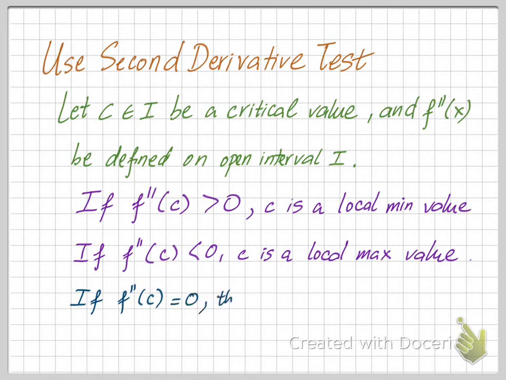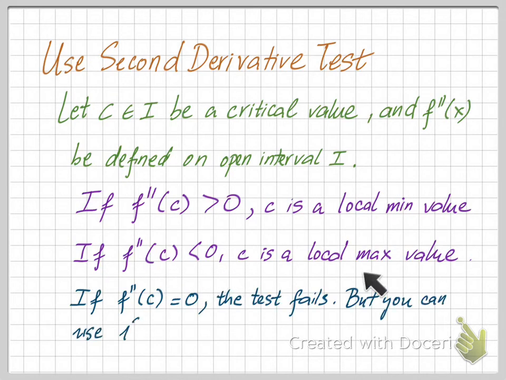And if the second derivative at c is negative, then c is a local maximum value. If the second derivative at c equals 0, then the second derivative test fails, but you can always use the first derivative test.